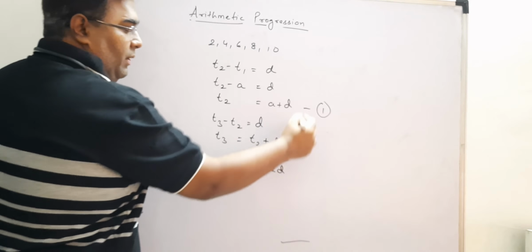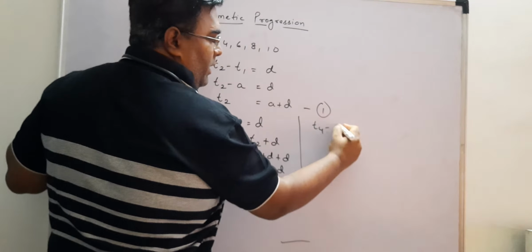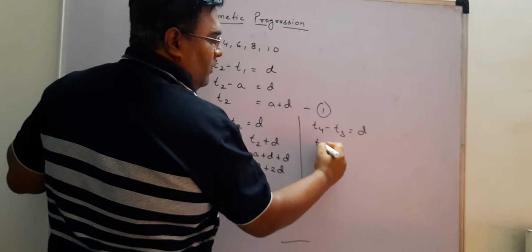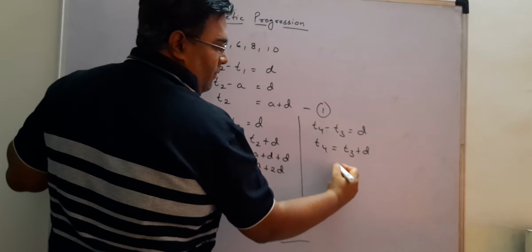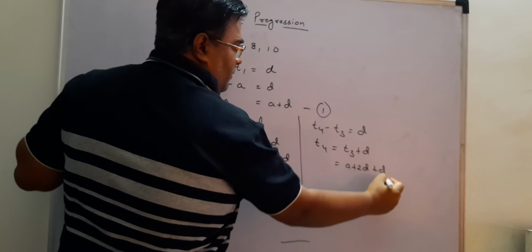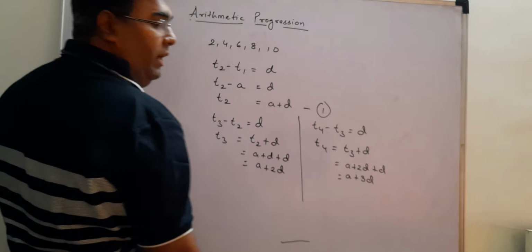Right? Let us calculate T4. T4 minus T3, the same way, there is a common difference D. T4 is T3 plus D. So it will become A plus 2D plus D, which is A plus 3D.